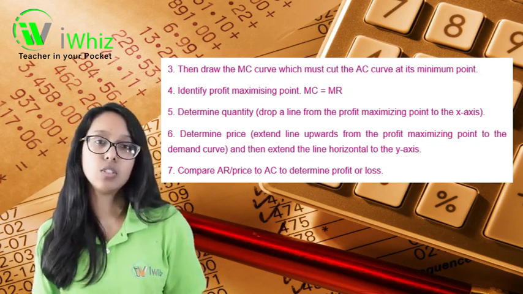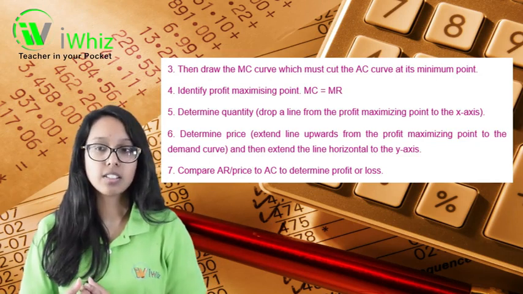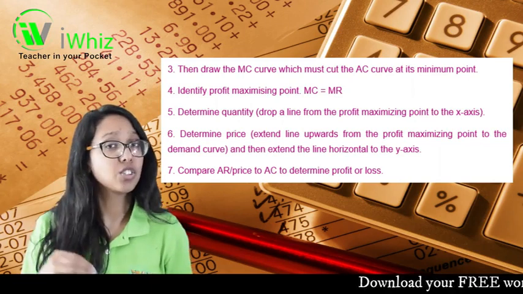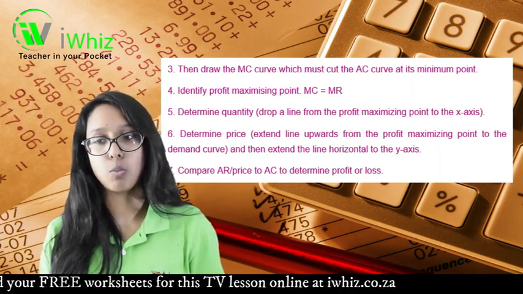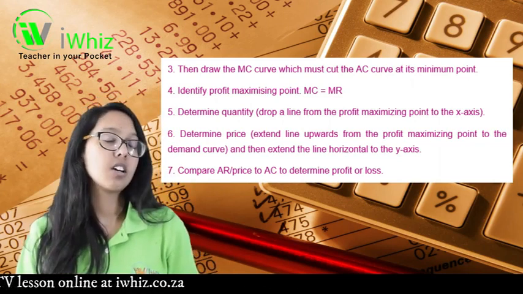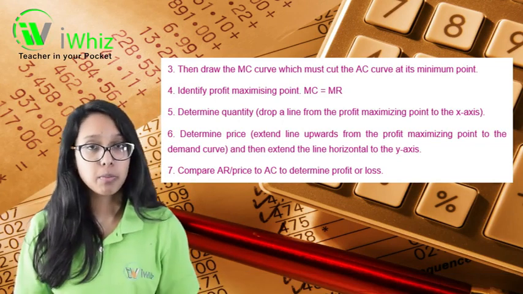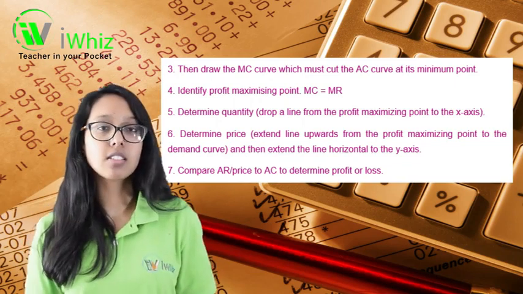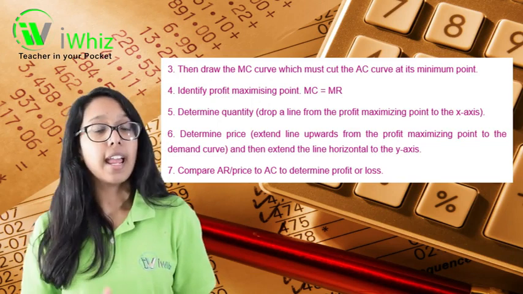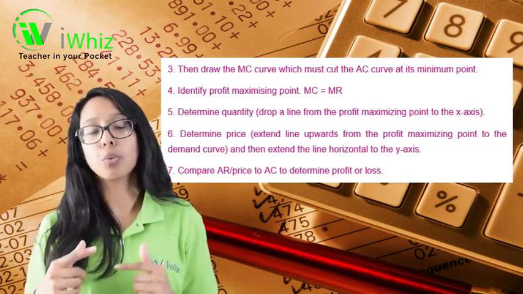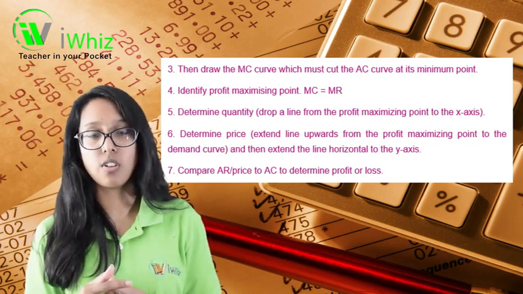Remember, your x-axis is your quantity and your y-axis is your price. So determining the quantity you need to sell would be from your x-axis point. You then need to determine the price that you're selling goods at. Remember, when your revenue is equal to your costs, that would be the price that you need to just barely break even. Anything above that would be your profit in between your cost and your revenue.